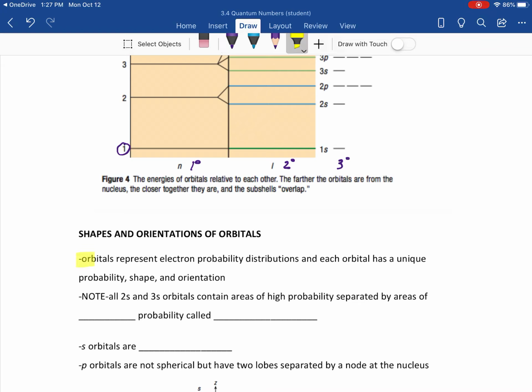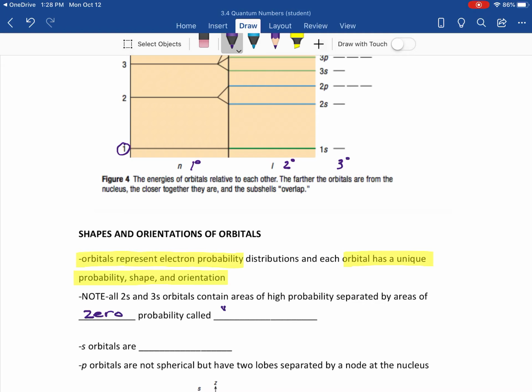Orbitals represent electron probability distributions. Each orbital has a unique probability, shape, and orientation. Okay? So all 2s and 3s orbitals contain areas of high probability separated by areas of 0 probability.